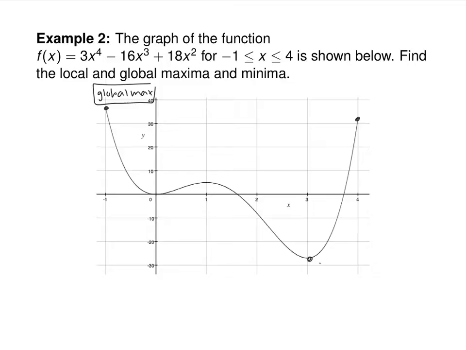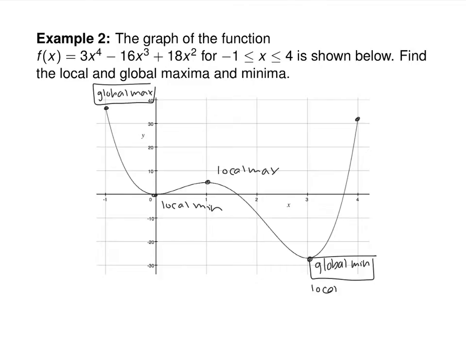Yeah, 3. Okay, and then how about any local max or local min? 1. Yeah. Local max. There's 1 for local max, 0 for local min. 0 for local min, right? And this one's also a local min.